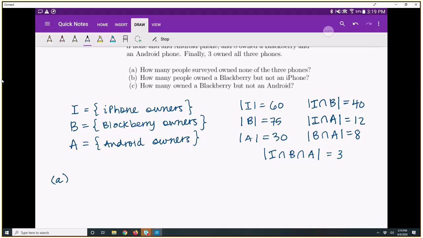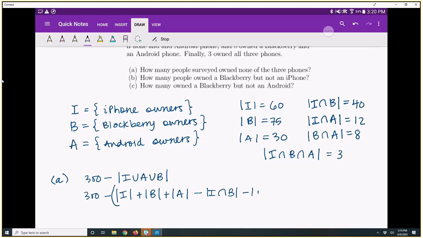So owning none of the 3 phones, that should be the surveyed minus the cardinality of I union A union B. And we know that our rule says that's 300 surveyed minus, first we're going to have the cardinality of I, cardinality of B, cardinality of A. I'm going to put parentheses here, so I'm going to start by saying this is plus, then minus the cardinality of the intersections, and then plus the cardinality of the triple intersection.